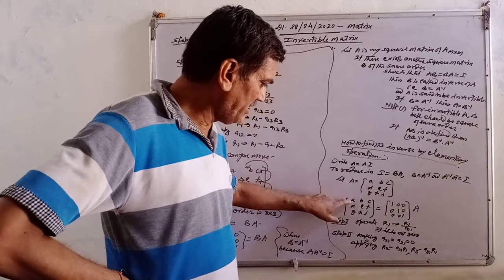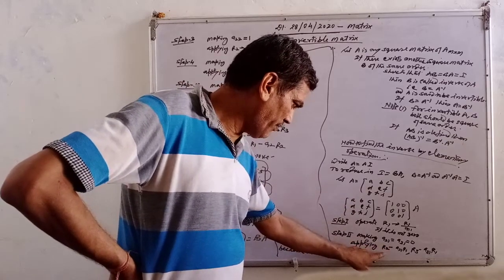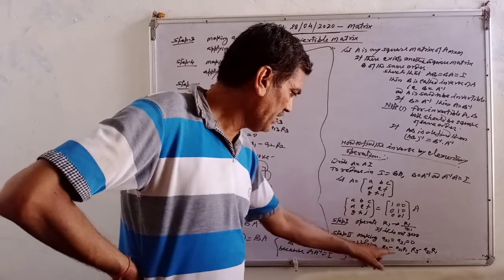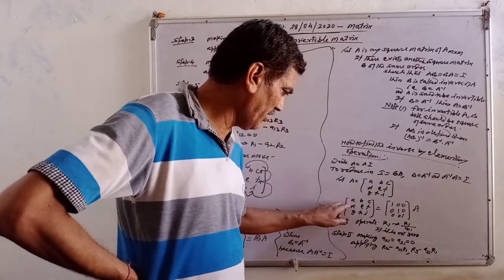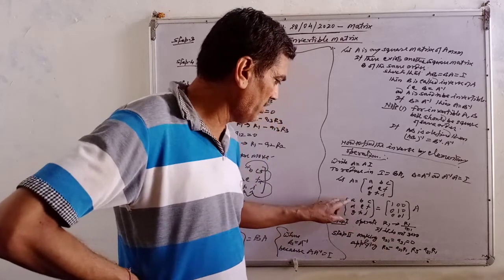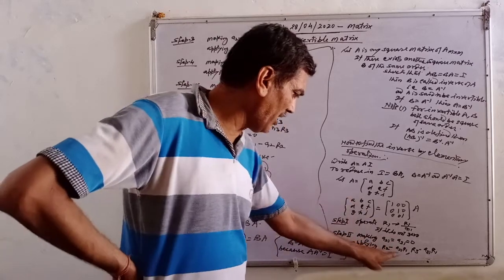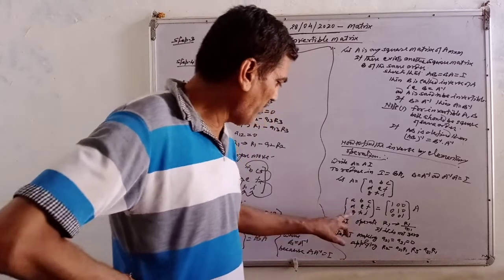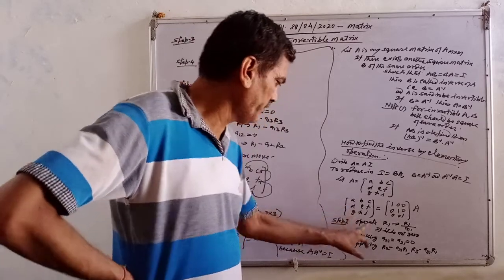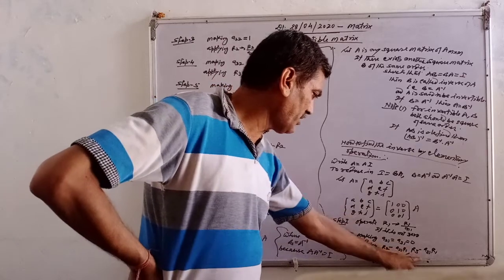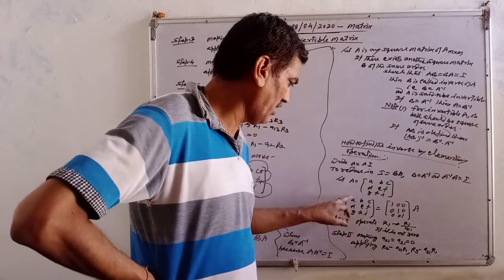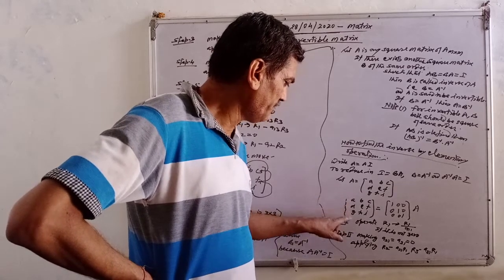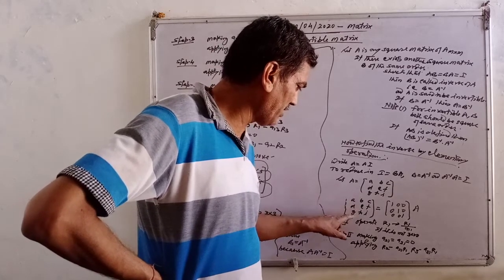So using this element, by the operation R2 tends to R2 minus A21 into R1, multiplying this element by A21 and subtracting from R2, and for R3, R3 tends to R3 minus A31 R1, multiplying by this and subtracting from R3.